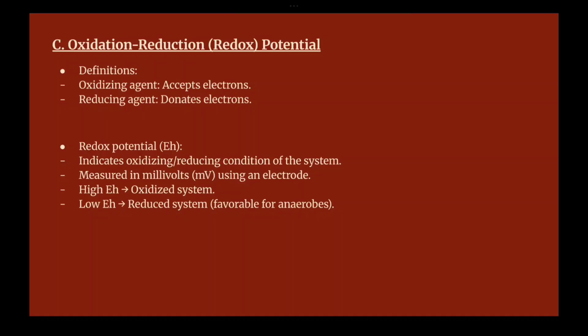The process generates a certain amount of electricity, which is measured by electrodes in millivolts. The highest EH or redox potential is the oxidized system, and the lowest EH is the reduced system. The reduced system is considered to be favorable for anaerobes because they accept the electrons and help in the metabolism inside the bacteria.